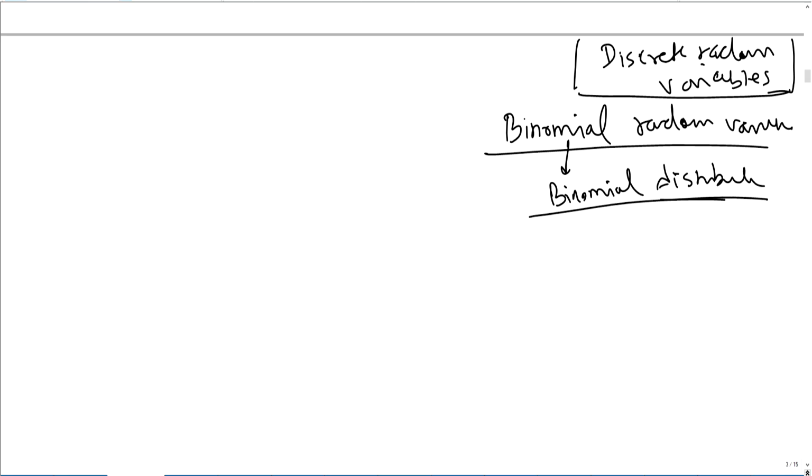Suppose you are tossing a coin 10 times. I will write the trial here. This is the outcome in each ith trial, and I am defining a random variable y.